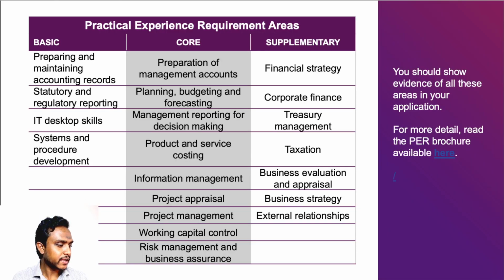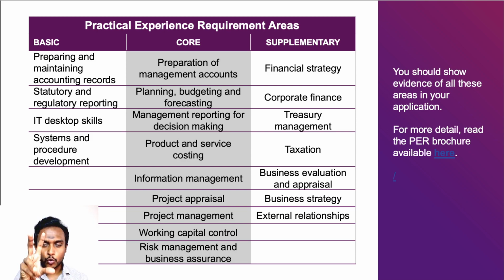So I want to take your attention to the requirement areas themselves. The slide here clearly outlines the different scopes and sectors that involve the 3 aspects. For basic, some examples are preparing and maintaining accounting records, statutory and regulatory reporting, IT desktop skills, and systems and procedure development. Under core activities, preparation of management accounts.